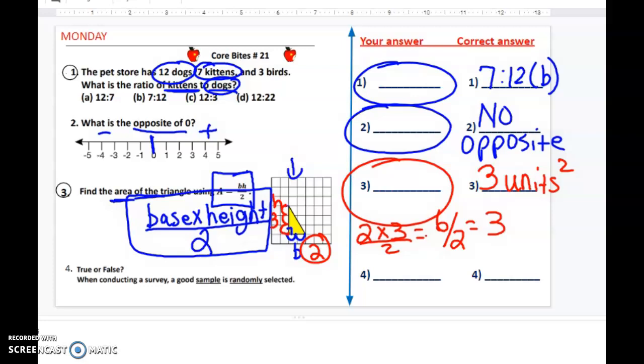Number 4 is asking for a true-false answer to this statement. When conducting a survey, a good sample of people to ask the question is those that have been randomly selected. So let's say we were doing a survey on favorite food. If we went and we only asked the band students, those students would not be randomly selected because we're only choosing from one group of students.